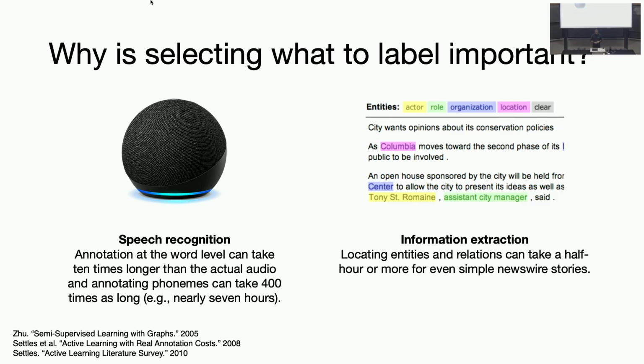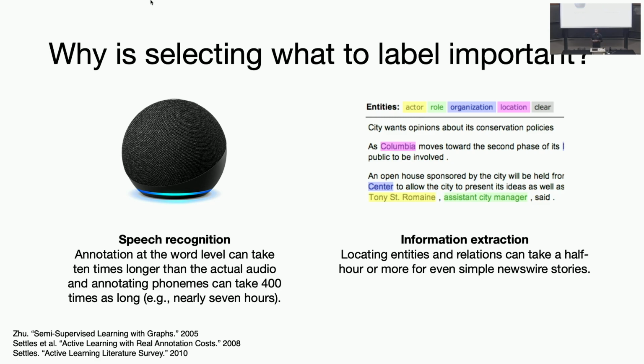We see similar things in relatively straightforward tasks like named entity recognition and information extraction. Even locating entities in simple newswire stories can take half an hour or more. This adds up to a massive amount of time as well as cost in the labeling process.